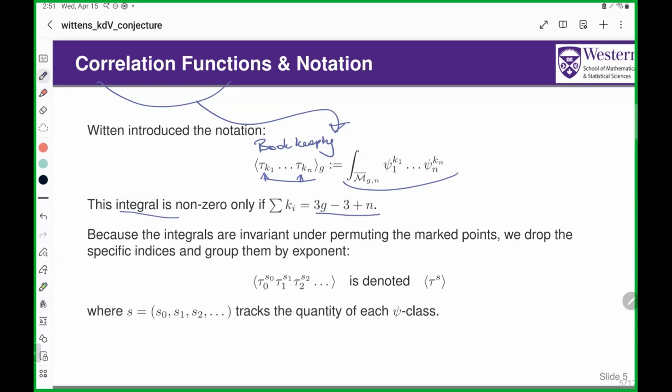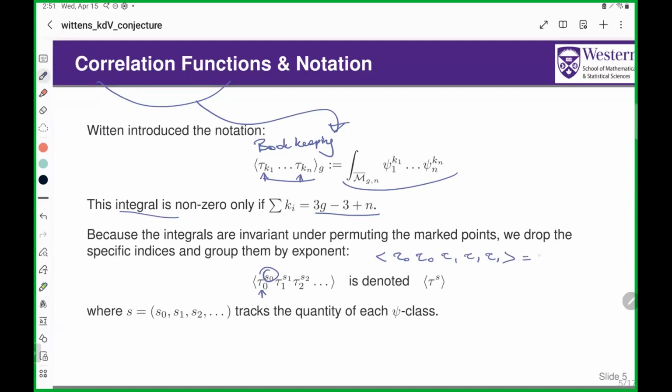Now this here is notation that I'm going to be using moving forward. So this is a marked point that's being raised to the power 0. And this S0 here tells you how many copies of it came out. So you might have something like tau 0, and then let me put a few more, tau 1, tau 1, tau 1.